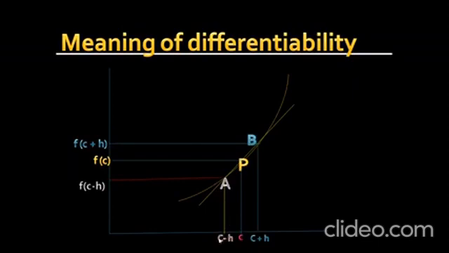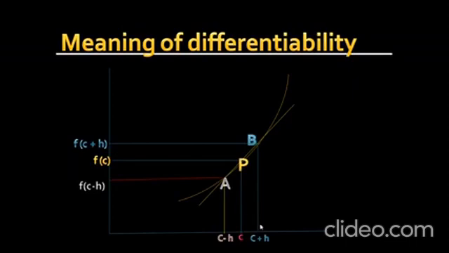If h becomes 0, we can say the function value becomes f(c). And similarly, if you look at the point B, it approaches the point P, it means it is very close to the point P. So we can say the value of x is c plus h at the point B. But if it is closer to the point P, it is moving towards the point P. So c plus h becomes c.